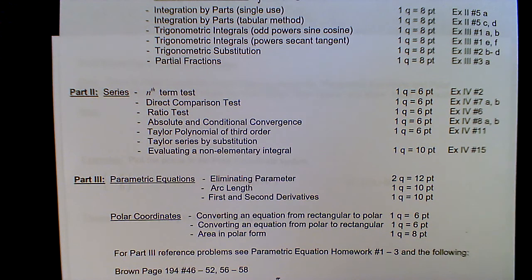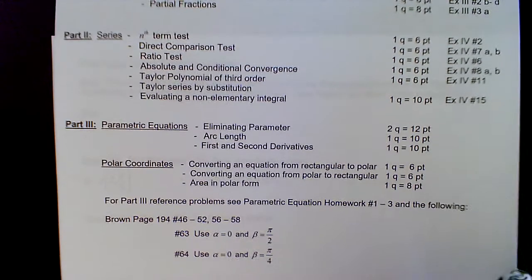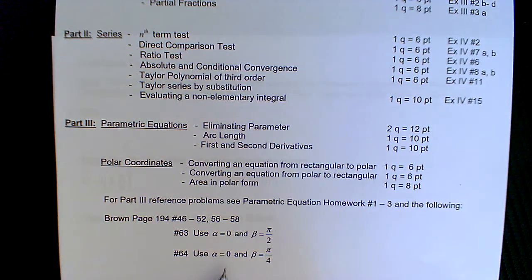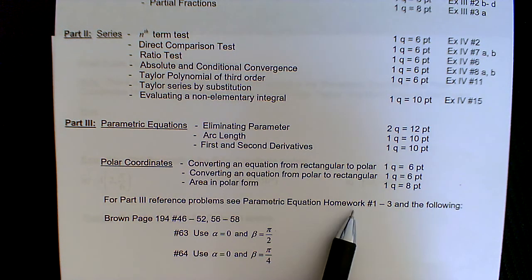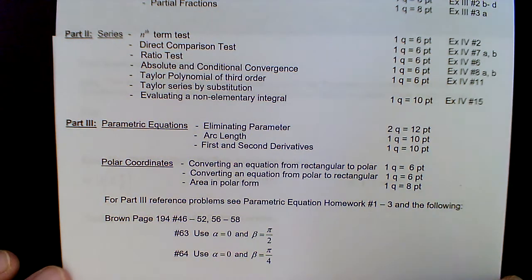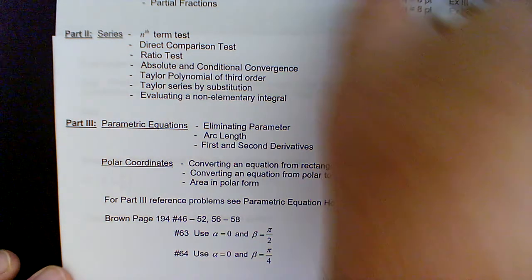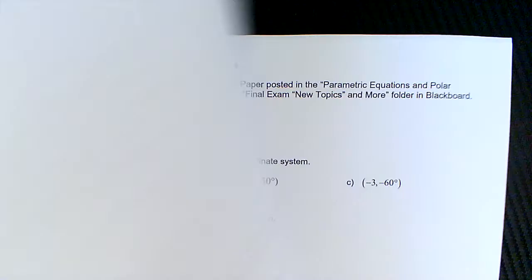And there's homework regarding these two topics listed at the bottom of the page here. There's a parametric equations homework sheet, and there are some problems from Mr. Brown's book regarding polar coordinates. So obviously we'd suggest you do those problems.